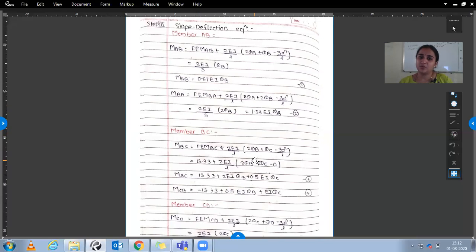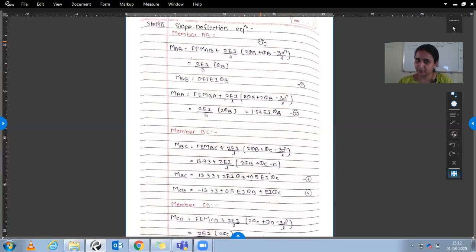For member AB, we are going to apply the slope deflection equation. M AB equals FEM plus 2EI by L in bracket 2 theta A plus theta B minus 3 delta by L. As given, there is no displacement or sinking of the beam or column, so the sinking term is 0.